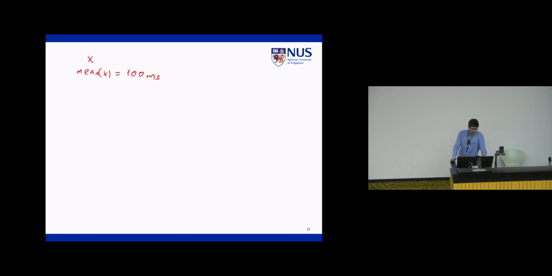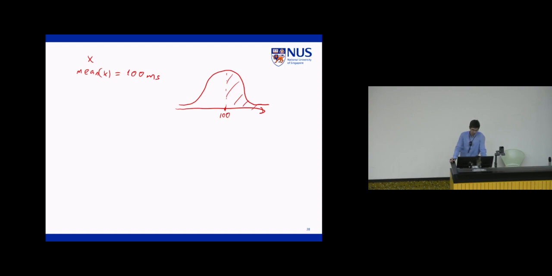Well, if I set it to 100, X has a distribution, right? Let's say this is the distribution, and this is 100. If I set my adaptive playout time to 100, all the packets that arrive later than 100 milliseconds will be lost.